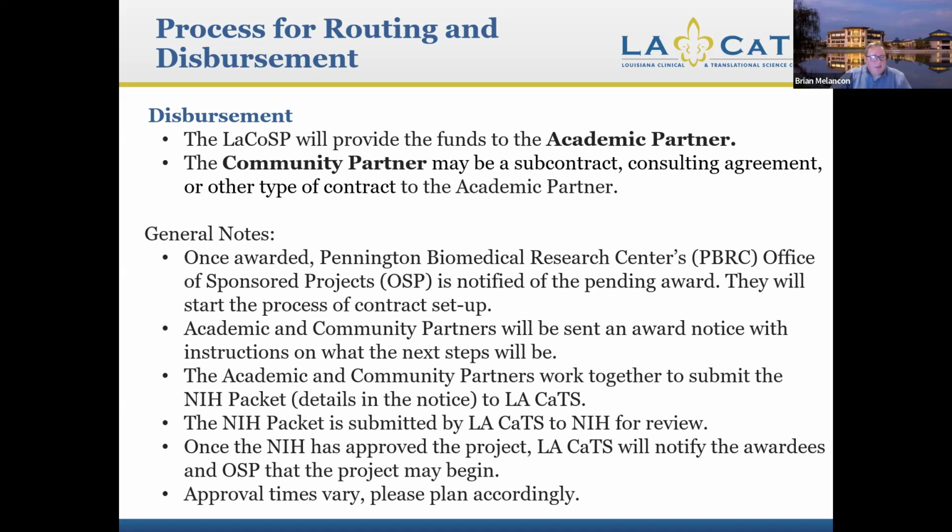So again, this is all part of the process, and the sooner we can get these things started, those projects that require IRB, those projects that are utilizing various institutions, these are things that all build into the time it takes to route and actually get the money. So this is all before the project's even started. Everything we're talking about is before the project even gets started.